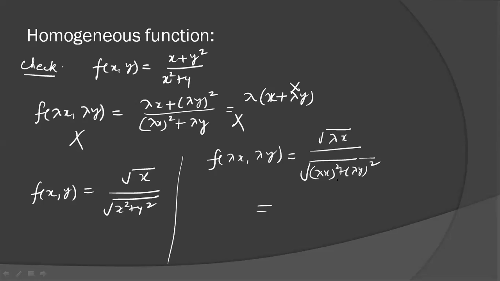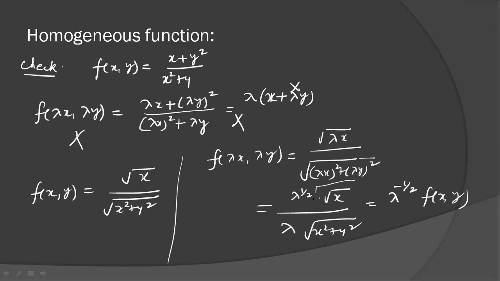Now this is equal to lambda to the power 1 by 2 under root x over. We can take lambda outside from under root because lambda square can be taken outside, and under root of lambda square will be lambda. It will be lambda to the power minus 1 by 2 f of x, y. We can take lambda perfectly outside, and the degree of this homogeneous function is minus 1 by 2.